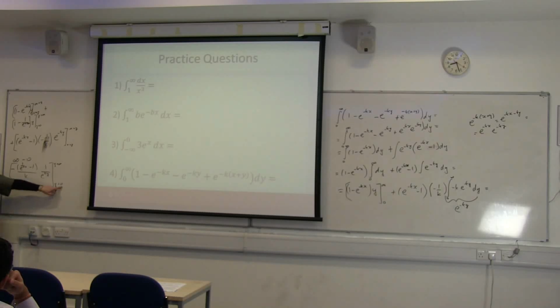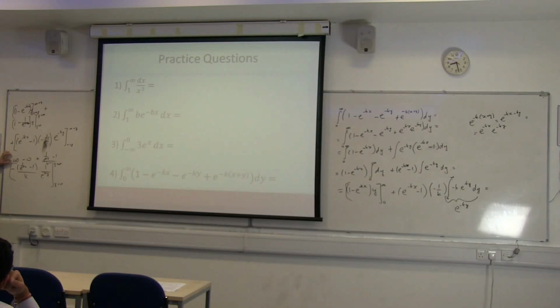And when y is 0, then 1 over k times 0 is 0. So 1 over e to the 0 is 1. So that's just this term. But because that's take away negative, this becomes positive. So plus 1 over e to the kx times 1 over k.